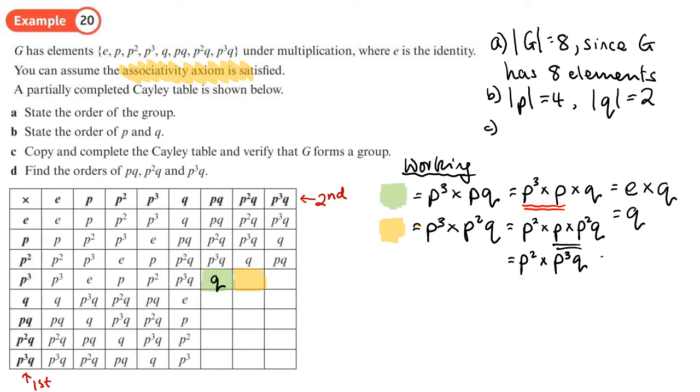So this is equal to PQ. So I can put PQ in the table. We'll do one more before I just fill in the rest of the table. So this is so you can get an idea of how this all works. Okay, so this multiplication is going to be P cubed times P cubed Q. So let's write that down. P cubed times P cubed Q.